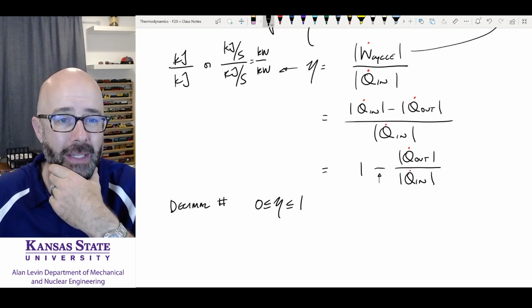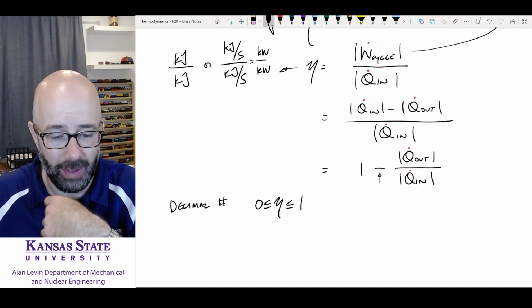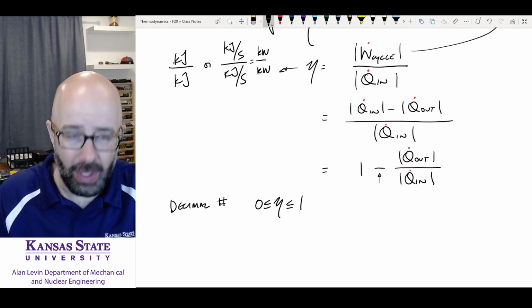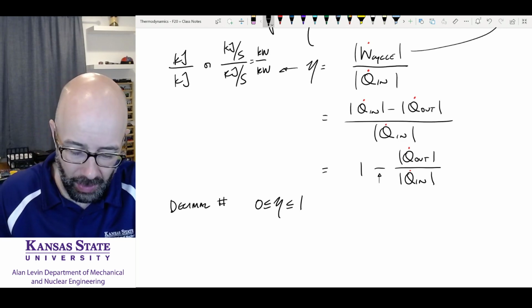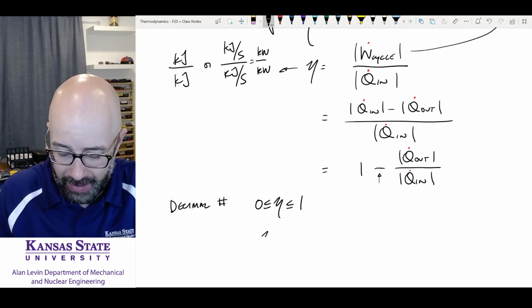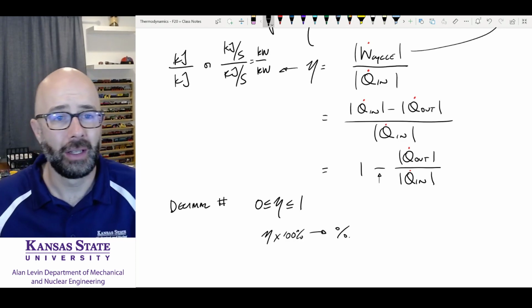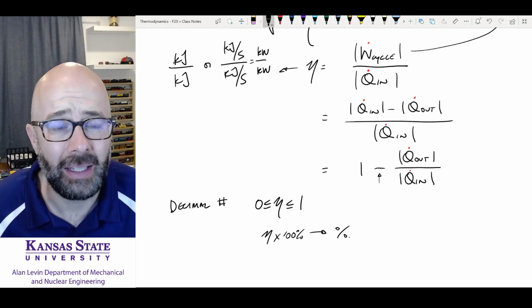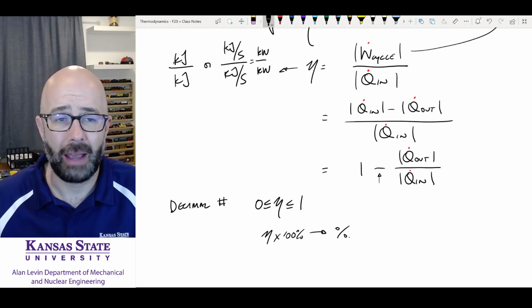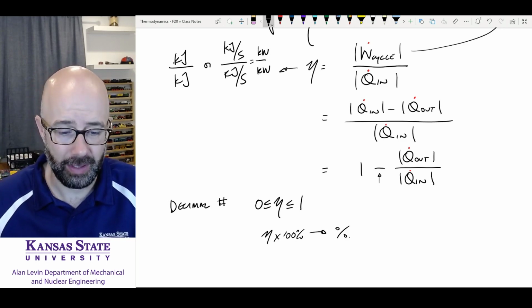It's just not possible at all. Sometimes I want to put this into a percentage, so I will take eta times 100% to get a percentage. If 0.9 is eta, then times 100%, I have a 90% efficiency.